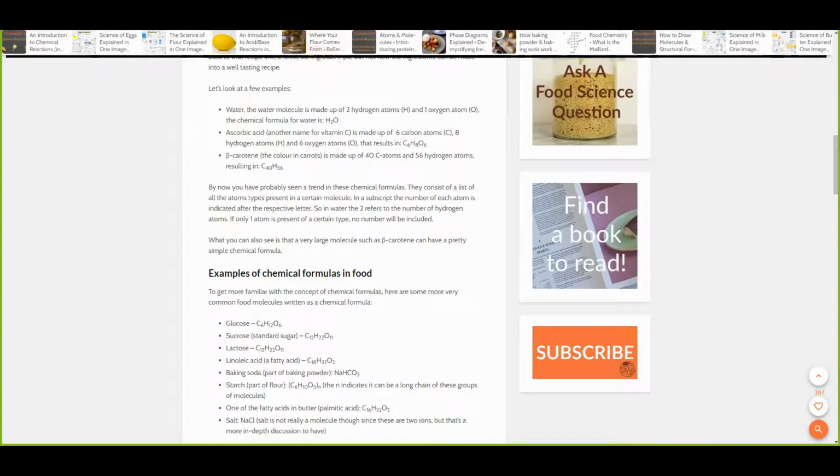So first off, you can see water. Most of your food will have water made up of H2O. That's hydrogens and oxygens. Those are different elements. Ascorbic acid, vitamin C might be found in your food if you have a type of food that has a lot of vitamin C. Carrots, for example, have carotene in them, beta carotene. That B stands for beta, and that's made up of carbons and hydrogens. So you can use that example.